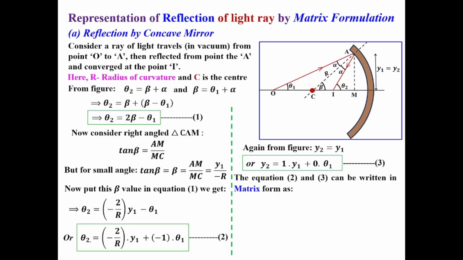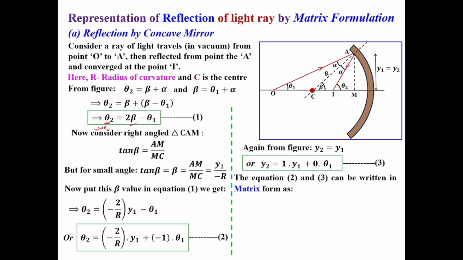Or we can write theta 2 is equal to minus 2 by R into y1 plus, here minus can be written as minus 1 into theta 1. Let this be your equation number 2. See, here I did not consider the sign convention for theta 1 and theta 2, because if I consider it I'll get the same answer. How? Here theta 2 is anti-clockwise, so I have to consider it negative.